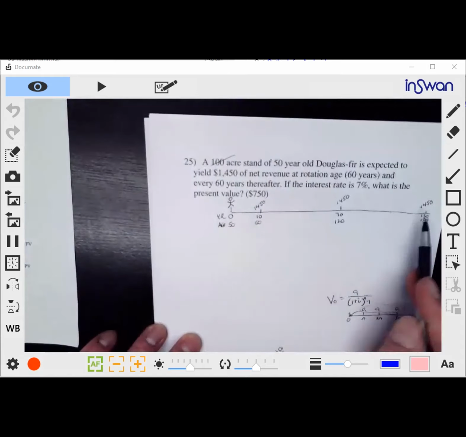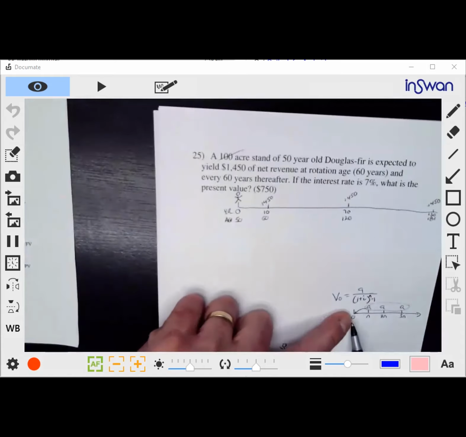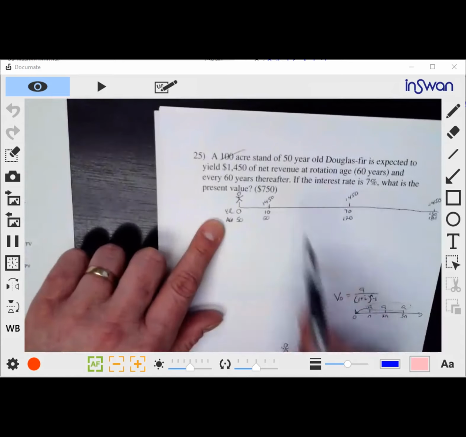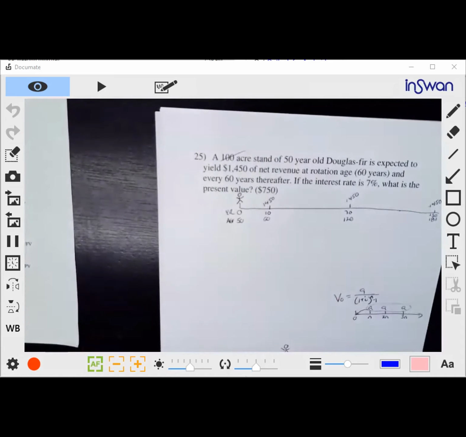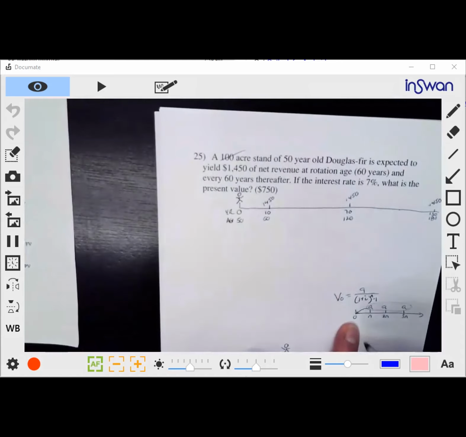But the series doesn't start where we stand. The series is irregular, let's say, because it isn't 60 years out that we're going to get the first payment. It's 10. So when we apply this, it's important to know where the VO is that we solve.